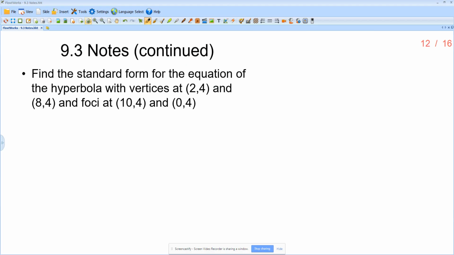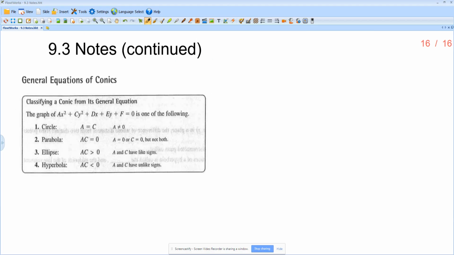Okay, all we have left is a whole bunch of examples except for this last slide. This last slide, general equations of conic sections. So classifying a conic from its general equation. If we had something in the form of ax squared plus cy squared plus dx plus ey plus f equal to 0, so if I just have a, c, d, e, and f represent any numbers, and this is set equal to 0, then you can sort of figure out what type of conic this is, and this is something we will ask you to do, is just determine the type of conic based off of a general equation.